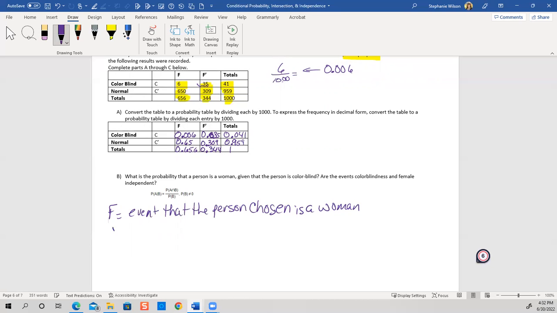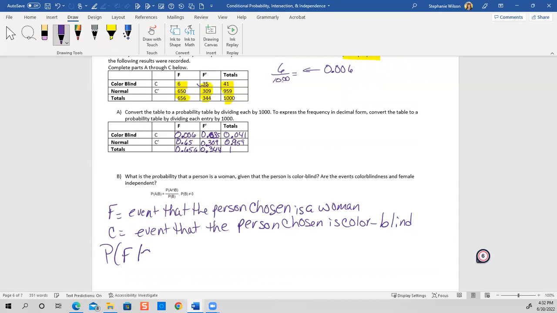Let's let C be the event that the person chosen is colorblind. All right, so now let's solve. So I have this probability formula.